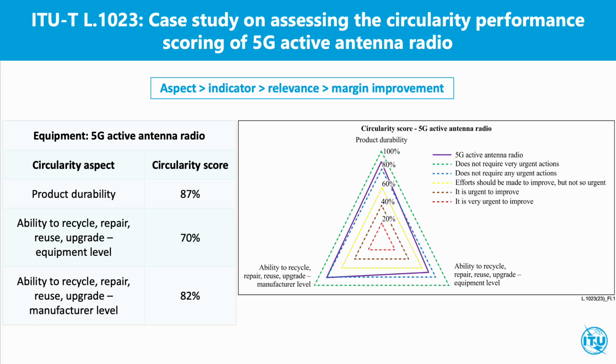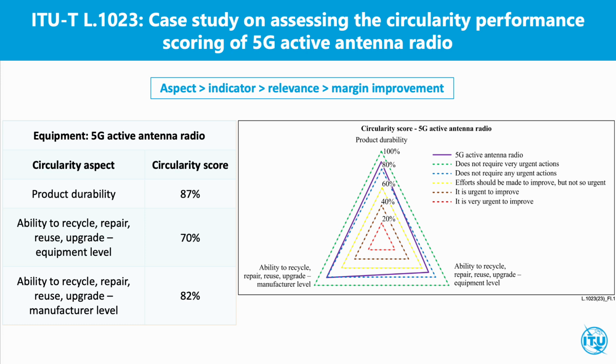By applying the three-step process, from selecting relevant indicators to evaluating the margin of improvement, the product achieved strong scores across all three dimensions. 1. Product durability scored 87%, reflecting excellent robustness and long-term support. 2. Equipment level repairability and recyclability scored 70%, showing good performance with room to grow. 3.